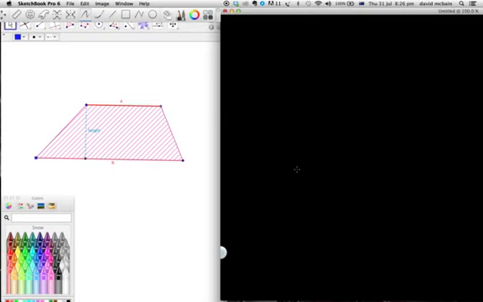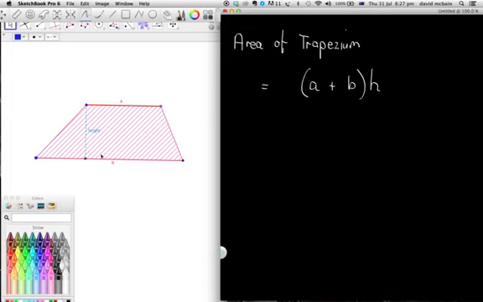Okay, so the area of any trapezium is equal to A plus B in brackets, multiplied by the perpendicular height of the trapezium, divided by 2.